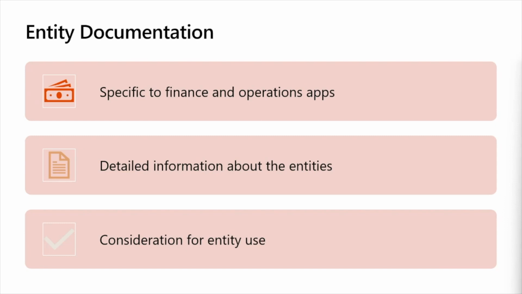We've given you detailed information about each of the entities available in finance and operations apps to import customers. In that particular example, there are 3 different entities, and you can get those details for all 3 entities related to how to import customers. Each entity also includes information and considerations, basically describing when you should use a particular entity and how to decide which entity to use for a specific scenario.